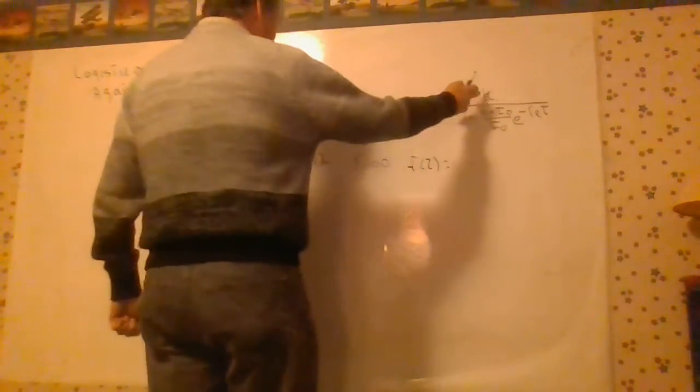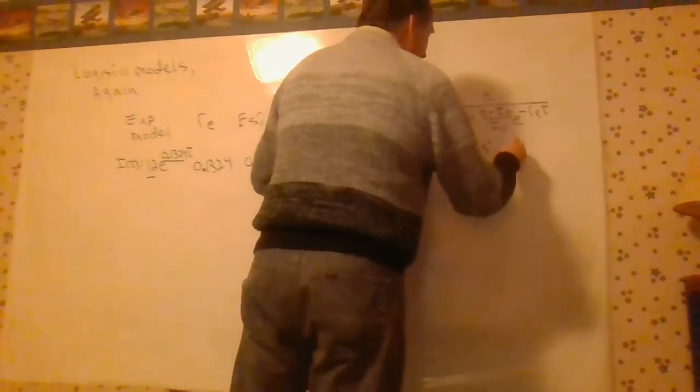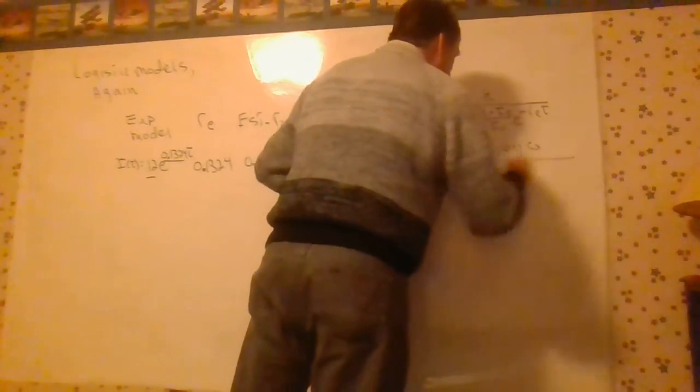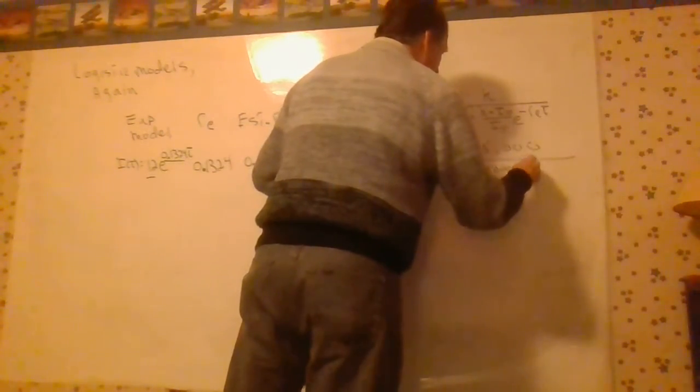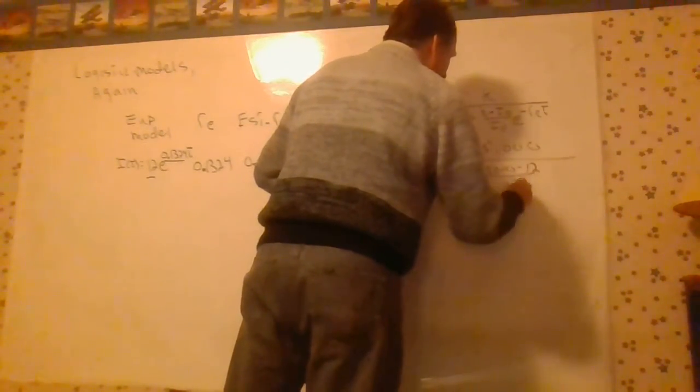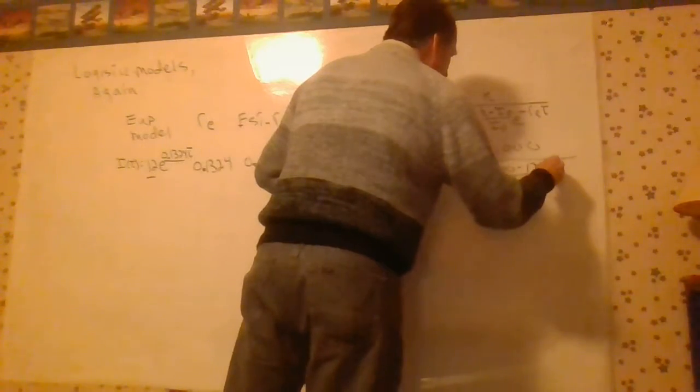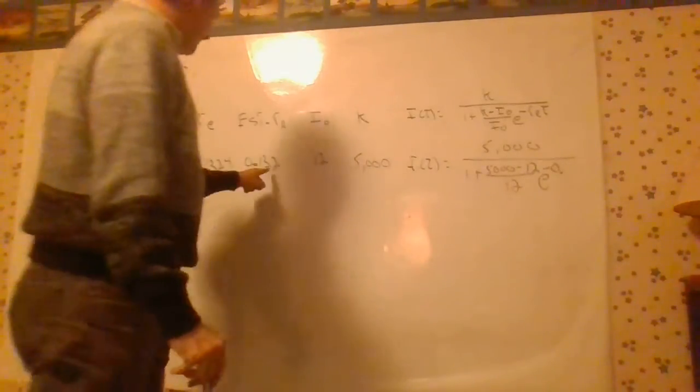I of t is equal to K, that's given, 5,000, over 1 plus 5,000 minus 12 over 12 e to the negative 0.132 t.